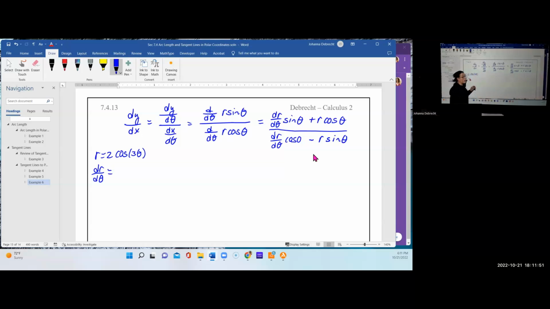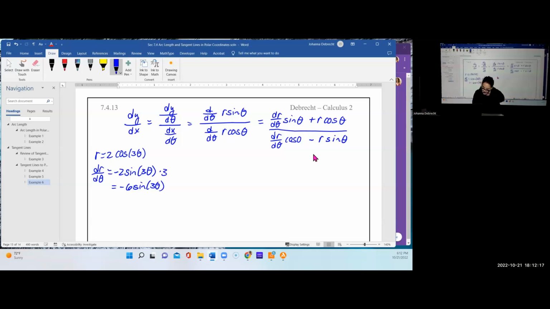We're going to have to apply the chain rule because we have 2 functions, cosine, and the inside function is 3 theta. The derivative of cosine is negative sine, so we have negative 2 sine of 3 theta, the inside, times the derivative of the inside, which is 3, which gives us negative 6 sine of 3 theta.